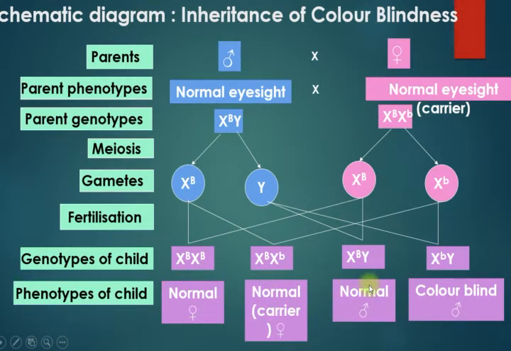And this one is a normal boy. This one refers to the color blind boy, which means the boy is color blind. He cannot distinguish between red and green colors.